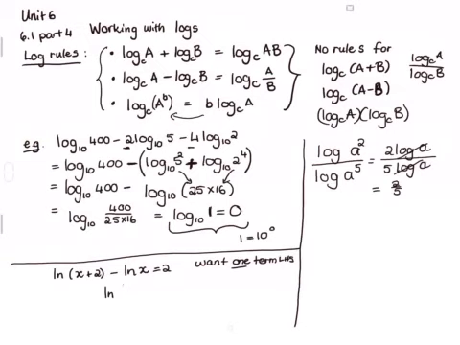So I use rule 2, which says I can write it like that. Now I remember that this is the same as log base E of that number. And I do my little one jumps across.